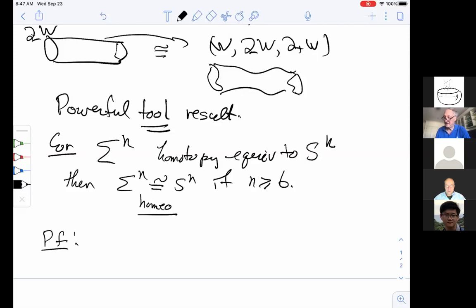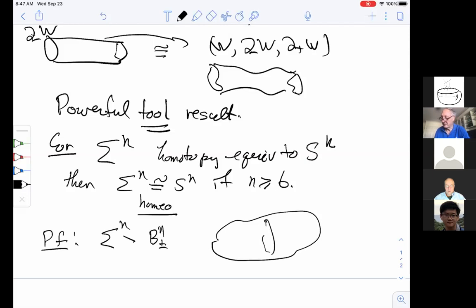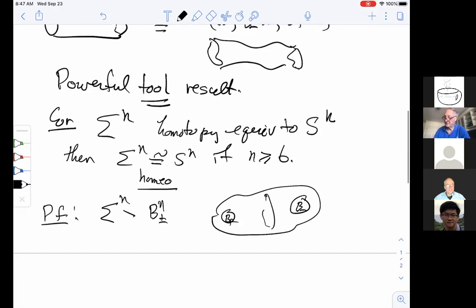You take Sigma and remove 2 n-balls. Let's call them B^n plus and minus. So here's Sigma, it's an unknown manifold. You take a small ball here, B plus, a small ball here, B minus, and remove them.